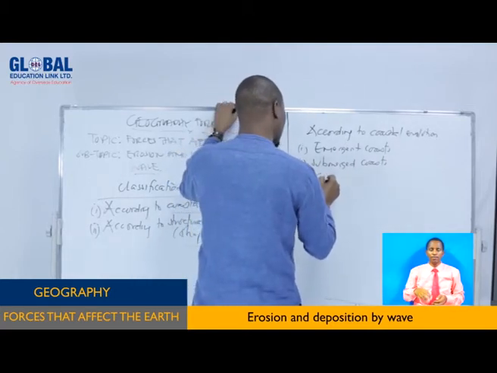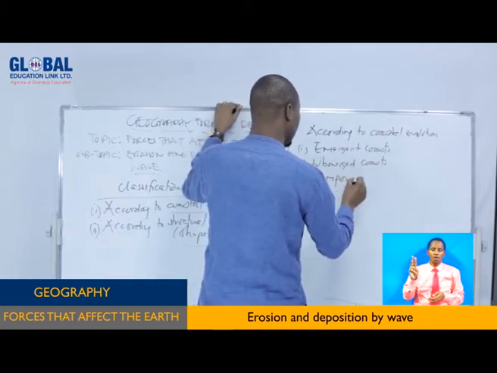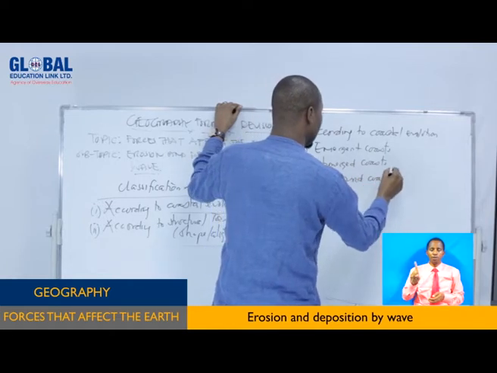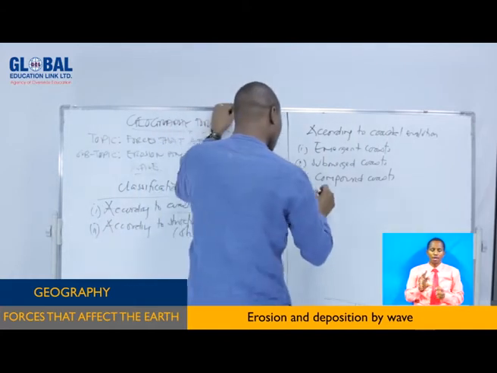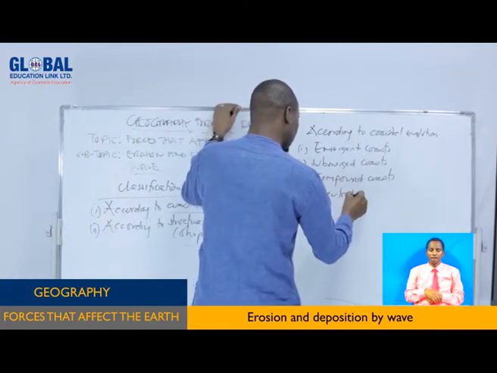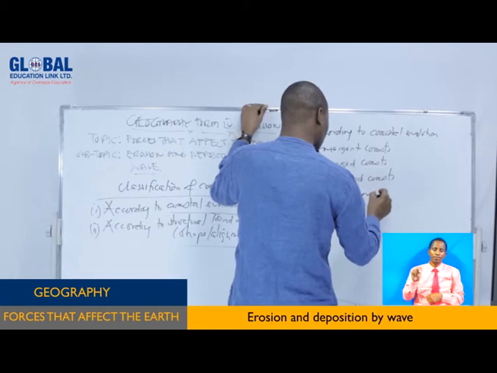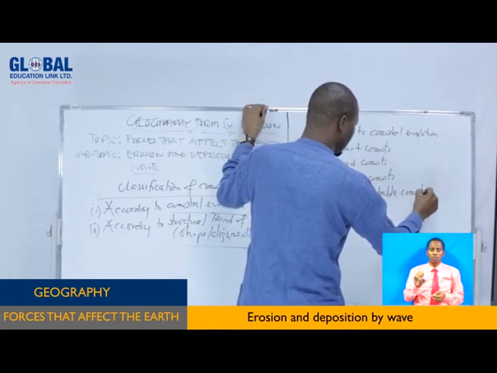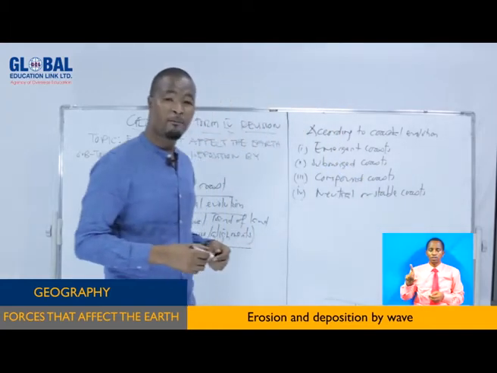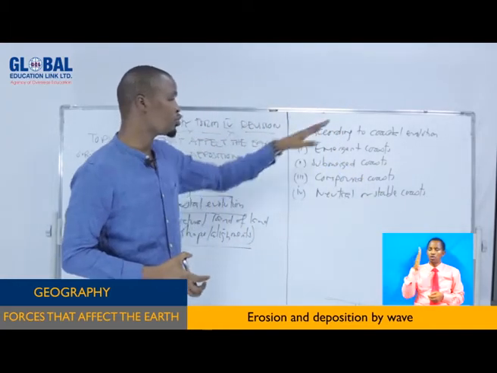We have the compound coast. Listen to me very carefully. Compound coasts are coasts which formed as a result of the coastal evolution, and then the neutral or stable coast. These are the four major types of coast according to coastal evolution.